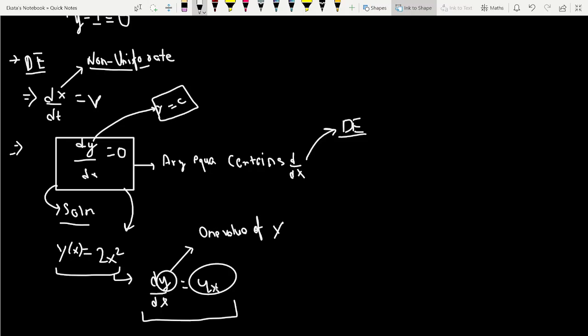Now what we are going to study is why differential equations. Differential equations occur because, you know, in the world everything is changing and everything is dependent upon each other. Velocity is dependent upon time. Velocity is a function of time.